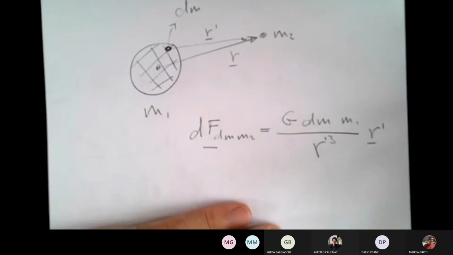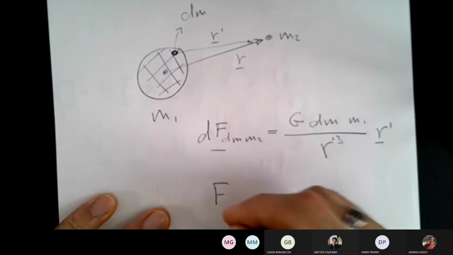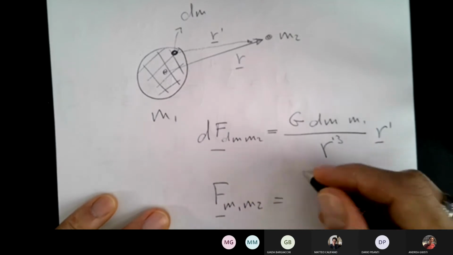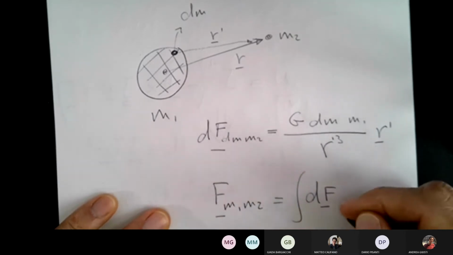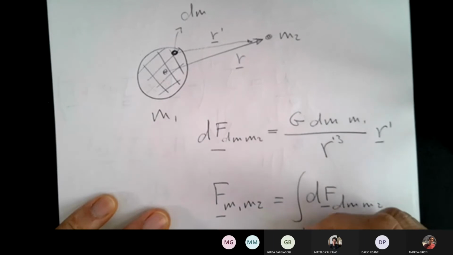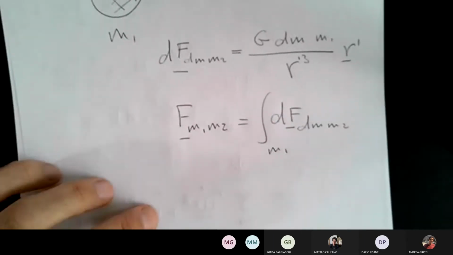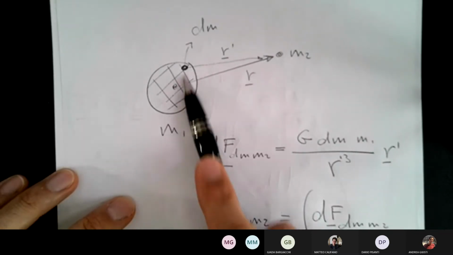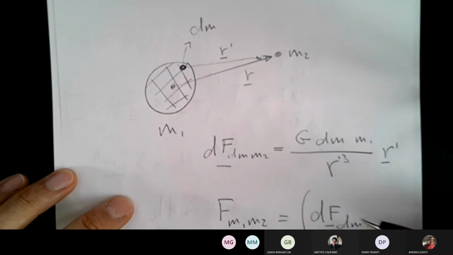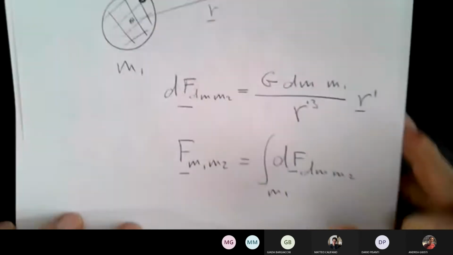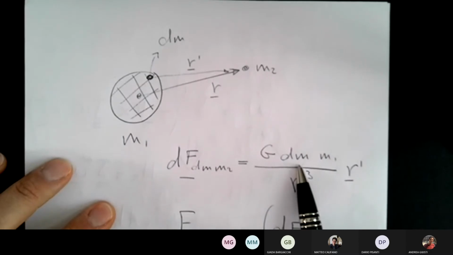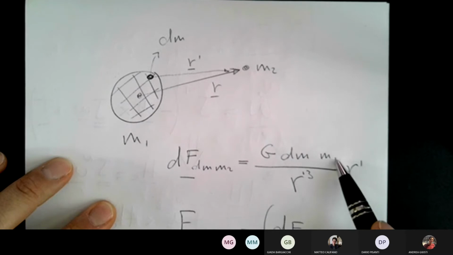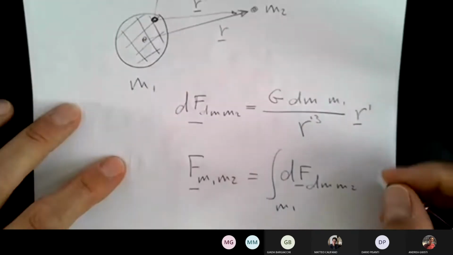And so the total force now, F M1 M2, will be basically the integral of that dF, right? Of dm M2 over the entire object that I called M1. And given the symmetry that you have for a sphere and the fact that the mass is uniformly distributed, you can easily see how the resultant force, if you look at this expression, you're basically only integrating, well, M2 can go out, you're integrating what?